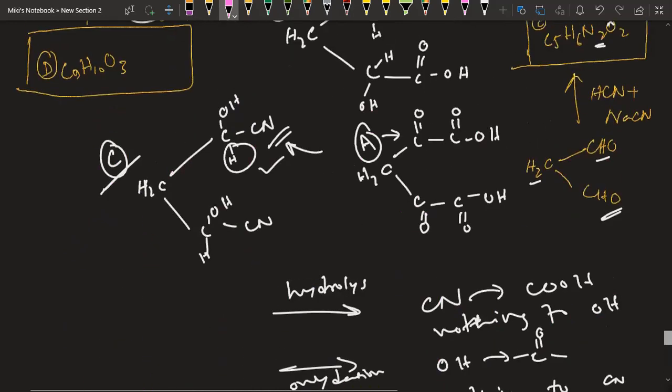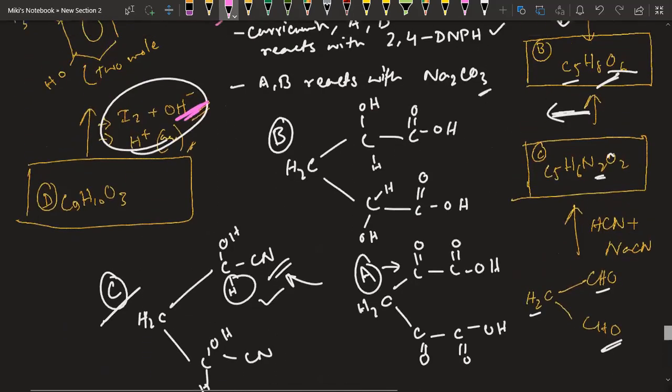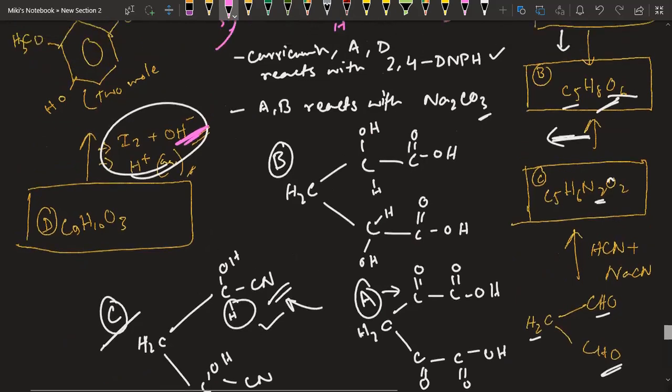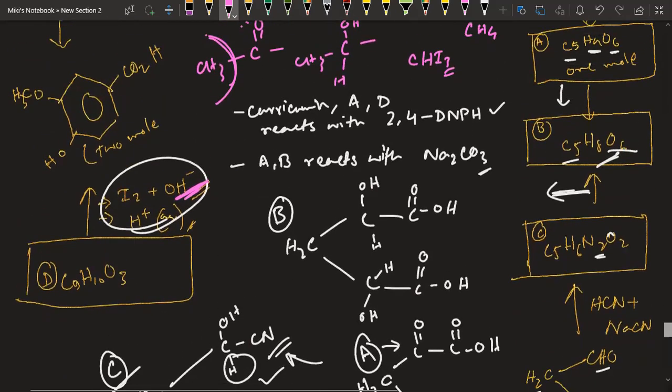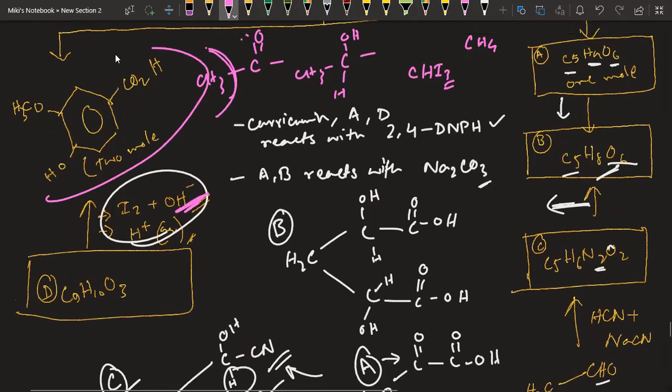Now, that means it undergoes oxidation, the iodoformation reaction. After the iodoformation reaction, it produces this molecule. Now, can you guess which of the 4 products this one is?